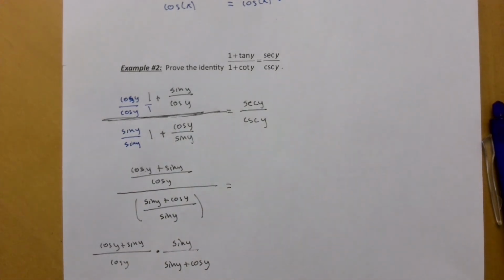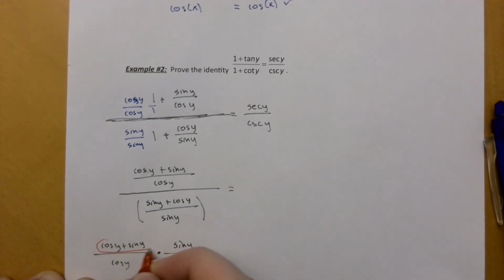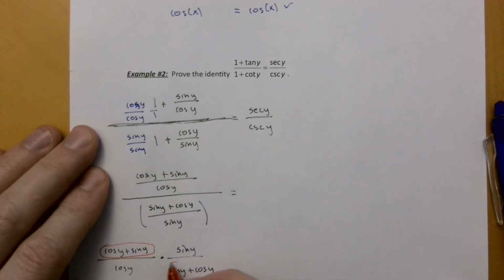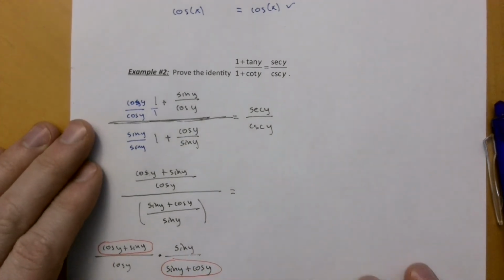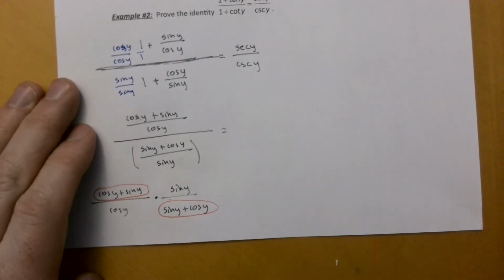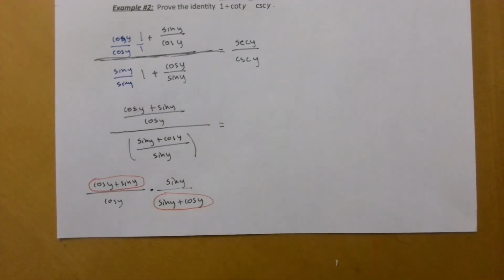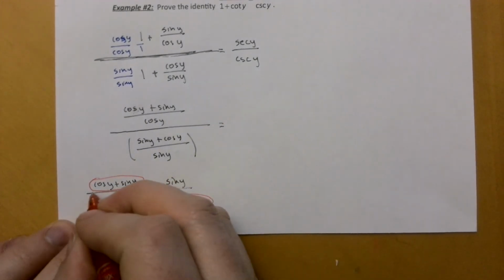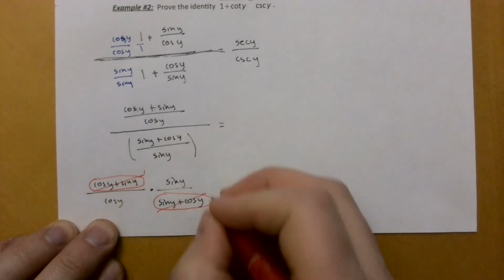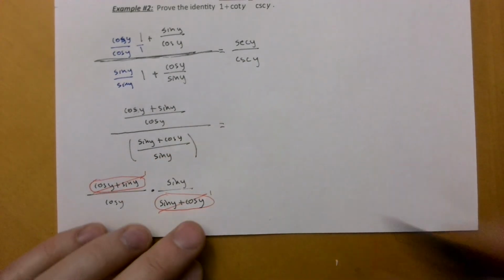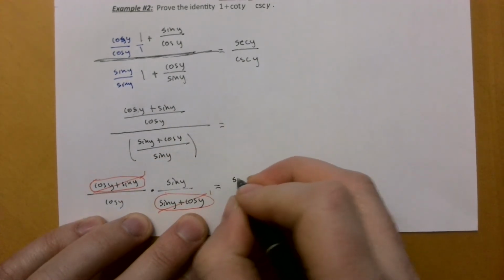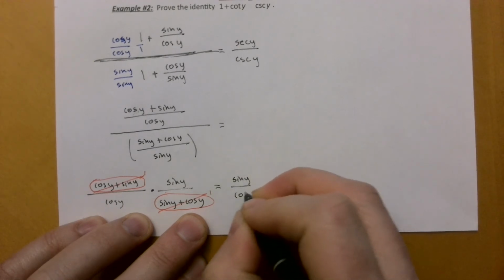Now check this out. This numerator, cosine plus sine, is the exact same factor as this denominator, sine plus cosine. You may not believe me because they're in a different order, but remember 3 plus 4 is the same thing as 4 plus 3. So these are exactly the same thing. We divide them away, they equal 1, and then we end up with sine y over cosine y.